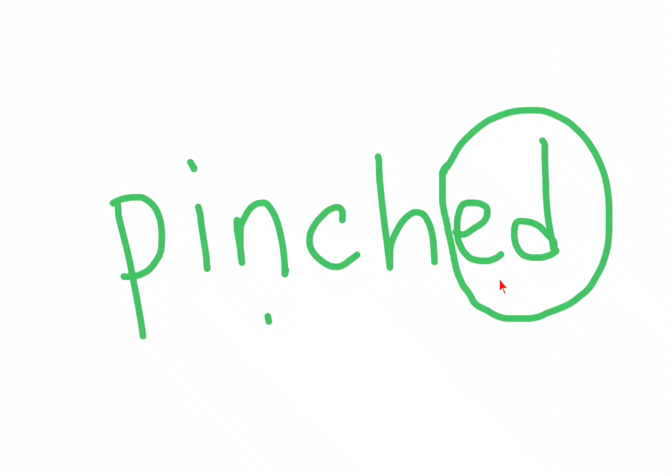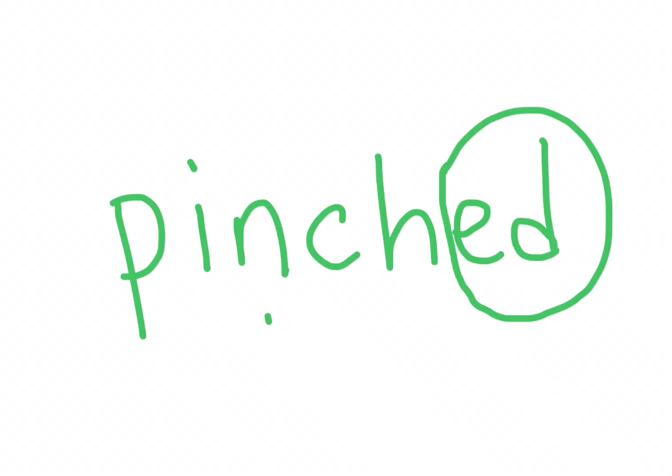So it comes down to pinched and pinched. They're very similar. The sound here would be the T sound. And the actual rule for that is if a base word or the real word ends in a D or a T, it's going to sound like id, and this doesn't end in a D or a T. If the base word ends in a voiced sound, it's going to have a D sound.